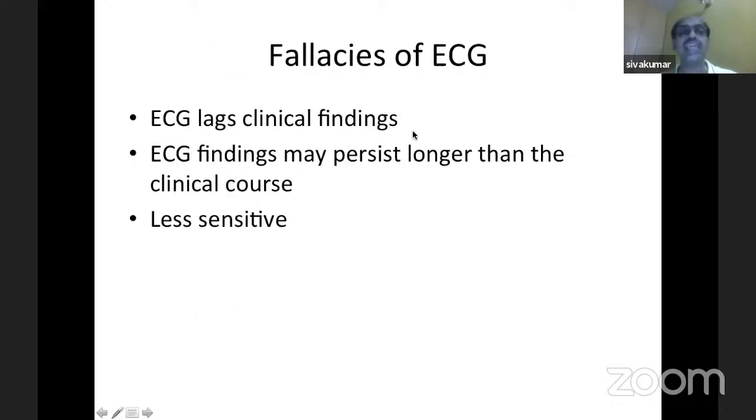ECG lags clinical findings. ECG findings persist longer than the clinical course. For example, if you are having a patient at 4 months or 6 months of age with a LV volume overload, but the child at 1 year the shunt becomes inoperable, still, the LV volume overload pattern on the ECG may persist even after 6 months. So ECG finding may lag.